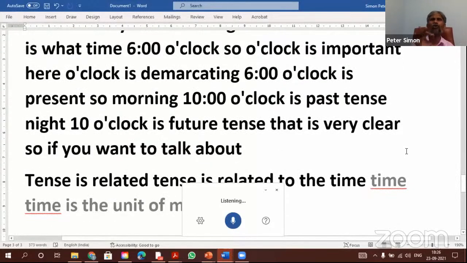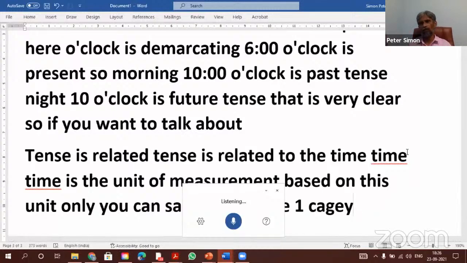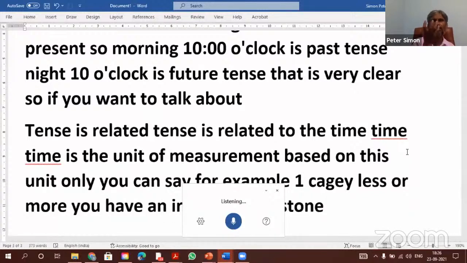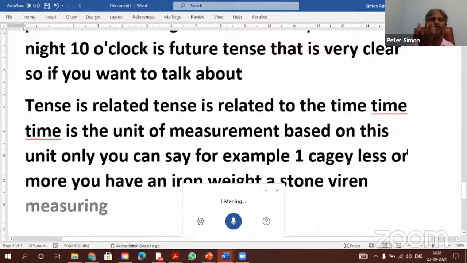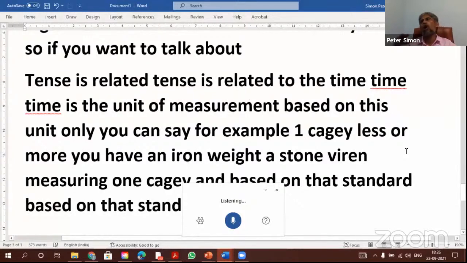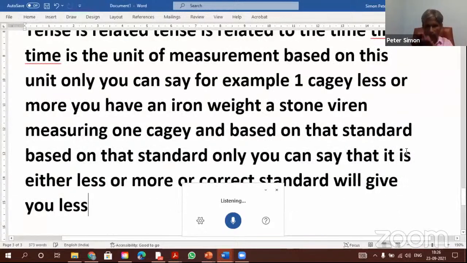Based on this unit only, you can say, for example, 1 kg, less or more. You have an iron weight, a stone of iron measuring 1 kg, and based on that standard only you can say that it is either less or more or correct.